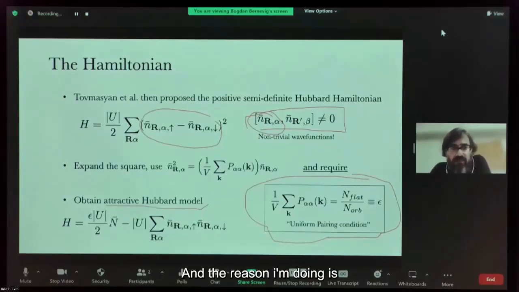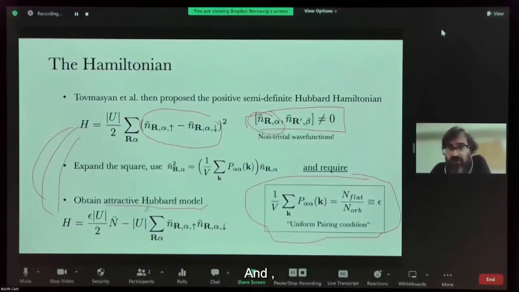And this analogy, or not analogy, but identity, it's an identity in the case of uniform pairing condition, will allow us, by knowing the ground state of this, to know the ground state of just this, the negative U Hubbard model, because this is a number operator, a projected number operator. So it's the number of particles in the projected bands.